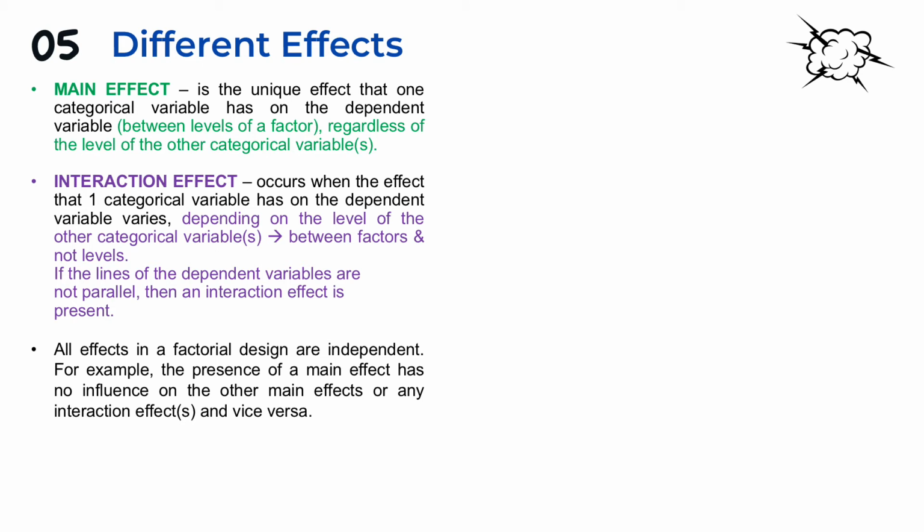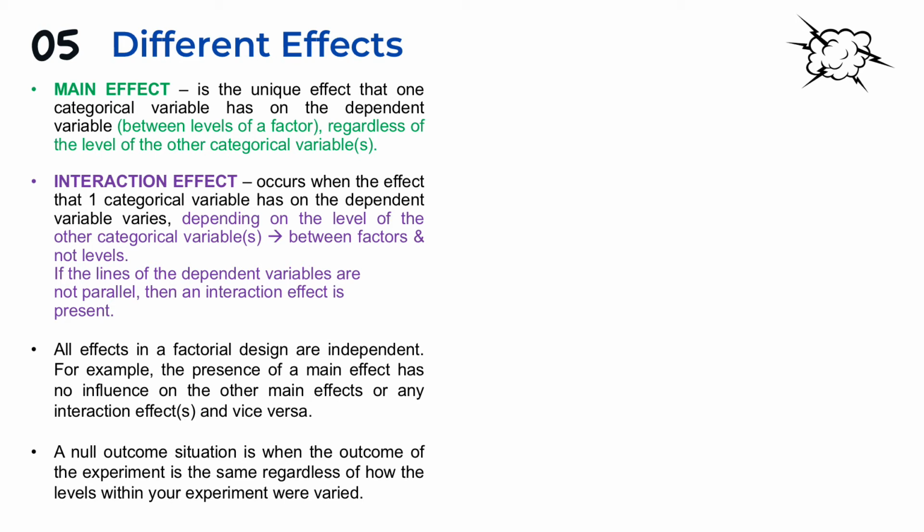All effects in a factorial design are independent. Meaning to say that each of the factors will have an effect or a description of how the behavior of the profile. For example, the presence of a main effect has no influence on the other main effects or any interaction effects and vice versa.